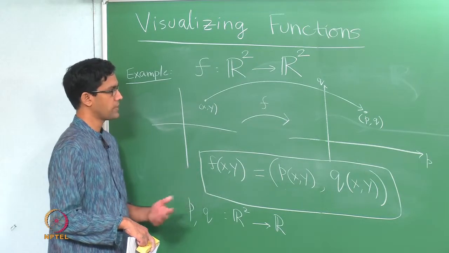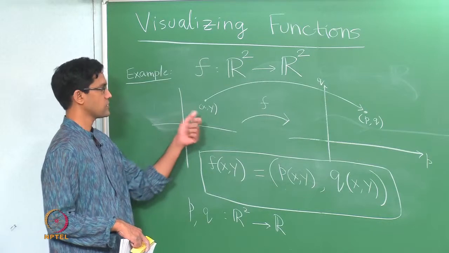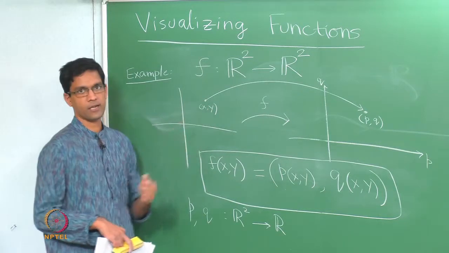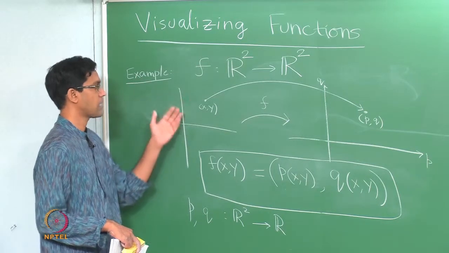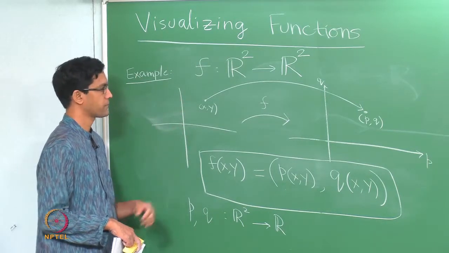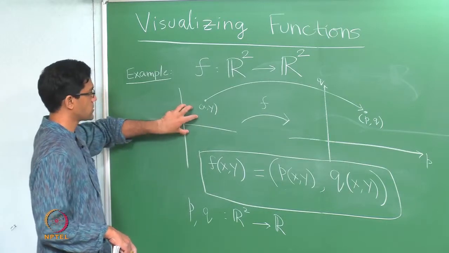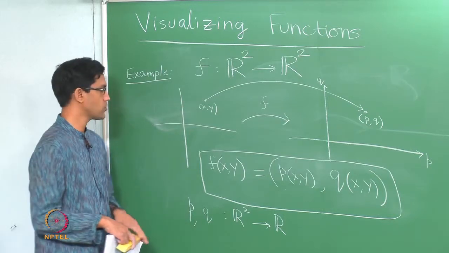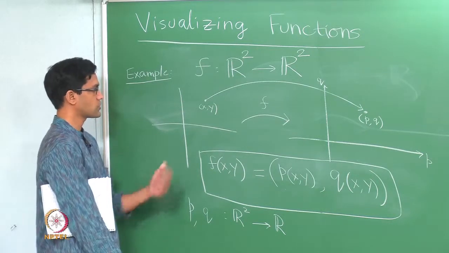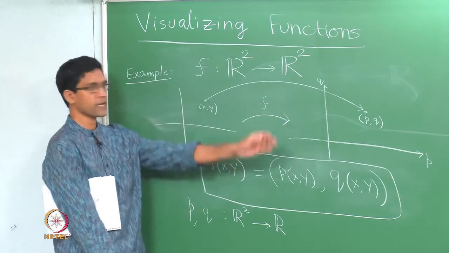And what I want to talk about next time is to think a little bit more geometrically about what these functions do, in terms of not just what it does to points on the plane, but maybe what it does to certain curves like lines or circles on the plane, what it does to regions, for instance a circular region centered at the origin, or a rectangle or a square and so on, how this function transforms certain regions of the plane into other regions of the plane.